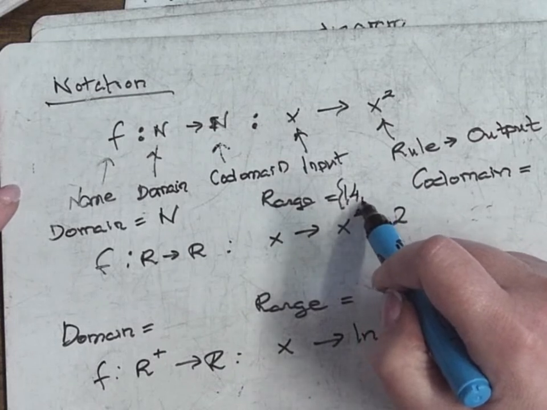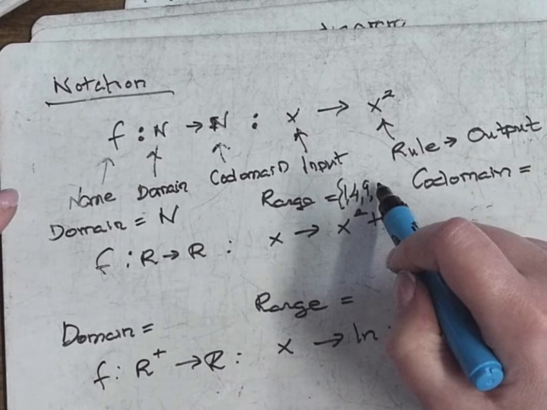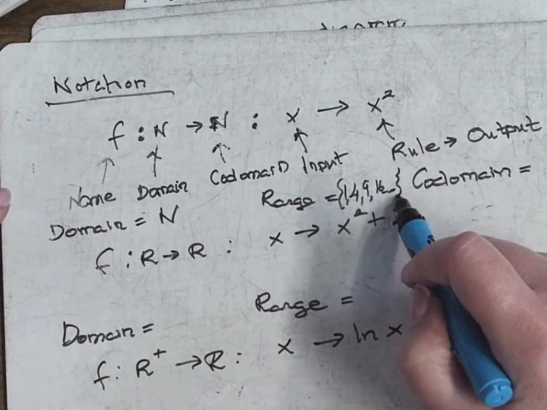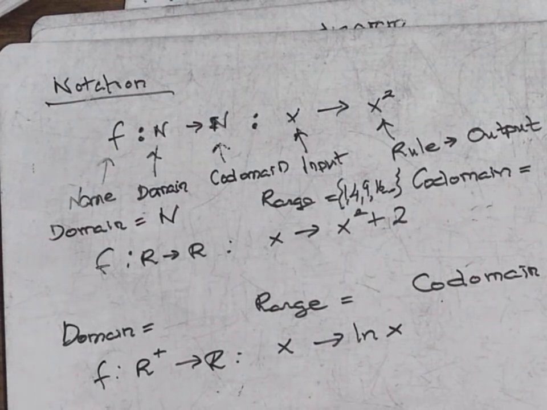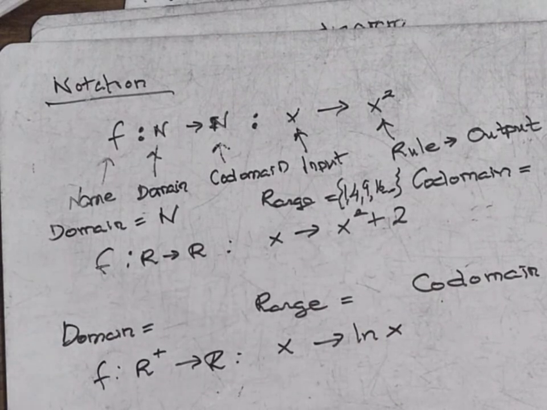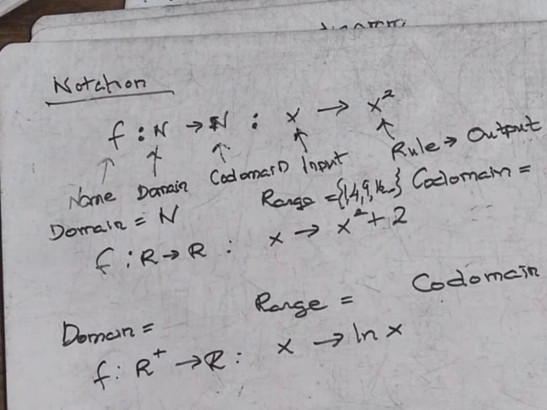If I put in a 3, what'll I get out? 9. And so on. So basically the range is all the square numbers: 1, 4, 9, 16, 25, 36 and so on. They're the ones that actually come out.